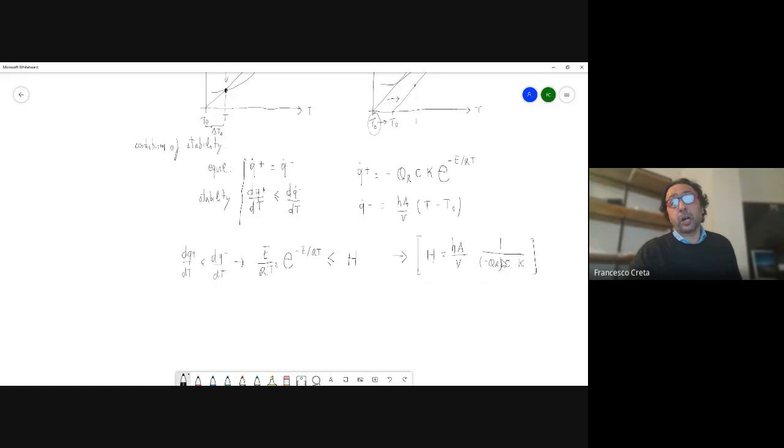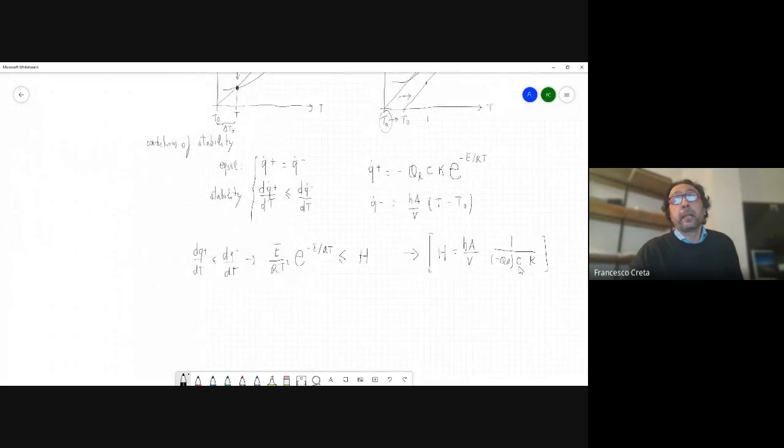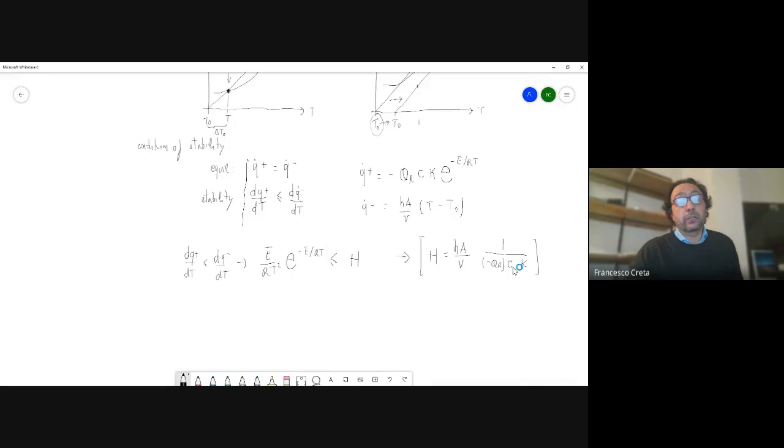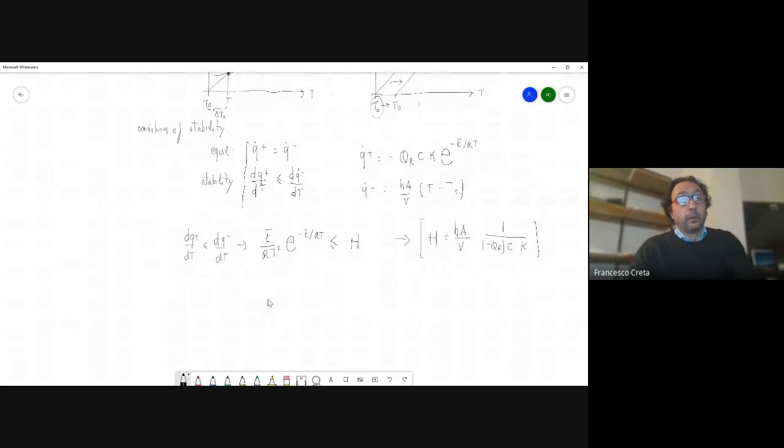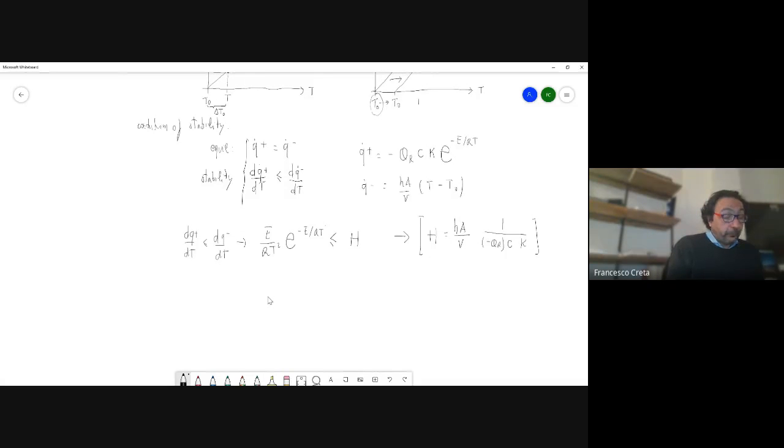Well, C is not a constant, clearly. It is for the sake of this analysis here. We're not doing a dynamic analysis, so we can consider C as being a constant. And then K is a constant, except the activation energy, which remains here in this treatment. And what about Q plus equals Q minus?